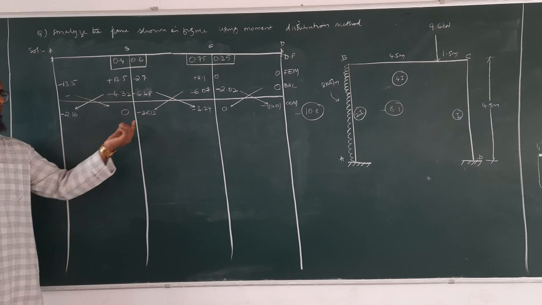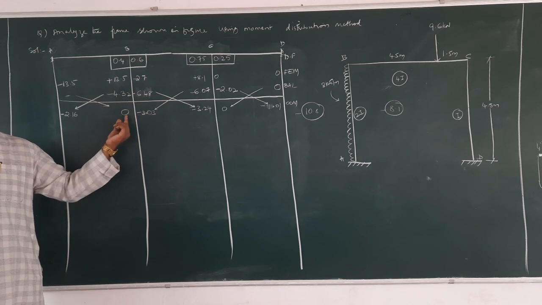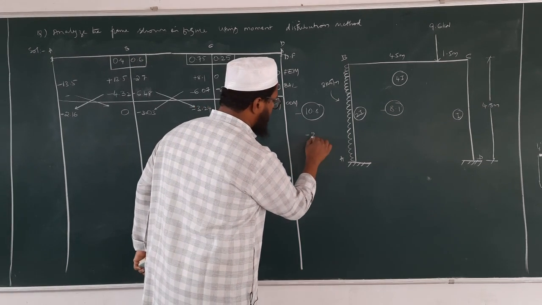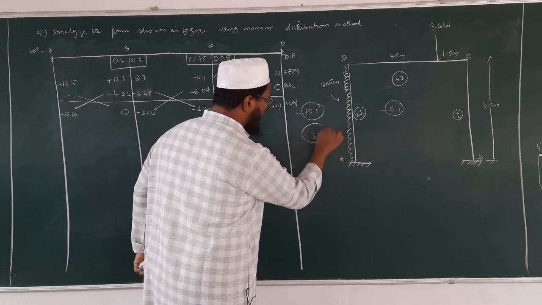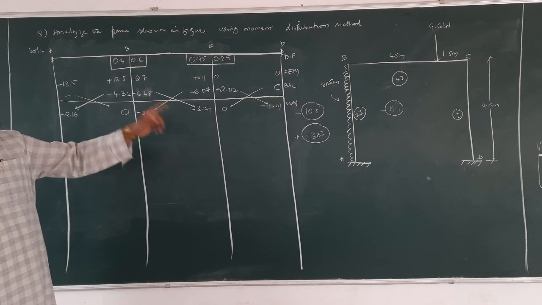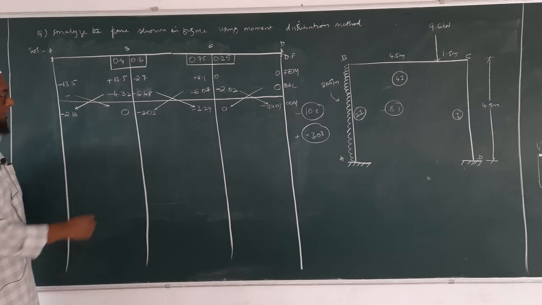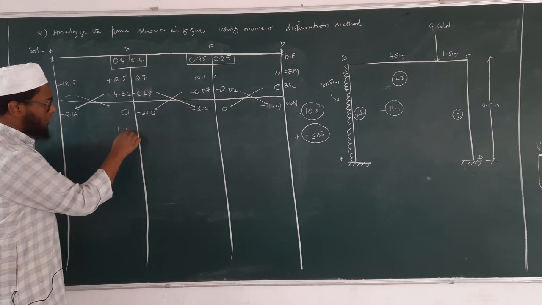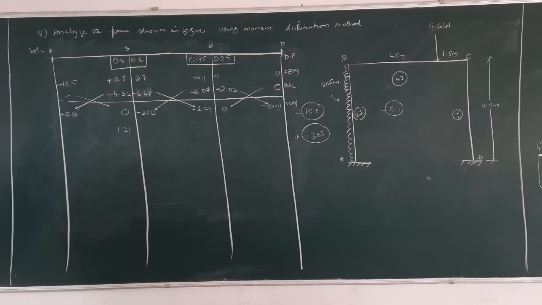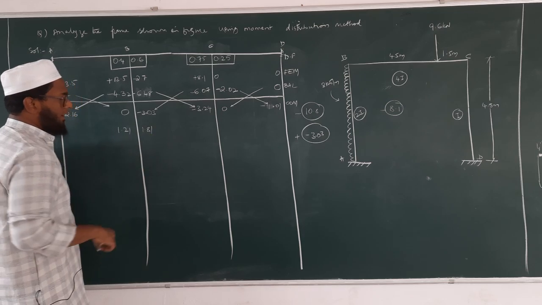So again we have a difference here, right? So what will you do? 0 minus 3.03 is how much? Add it, you will get minus 3.03. To convert this to positive, 3.03 into 0.4 is 1.21. Next is again plus 3.03 into 0.6, 1.81.